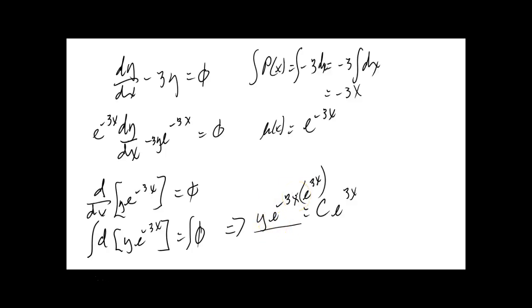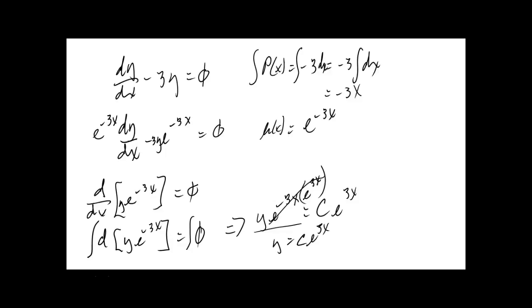Add the exponents: negative 3x plus 3x is 0. And what's e to the 0? 1. So this goes away, and you have y is equal to c e to the 3x. Oh, yes, that's all. Sorry, I wish I could make it harder.